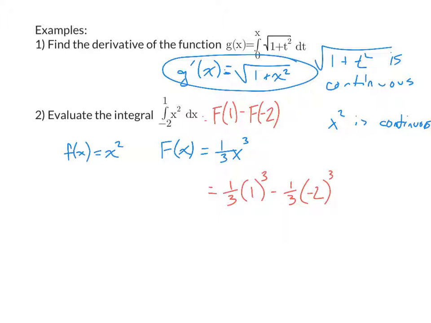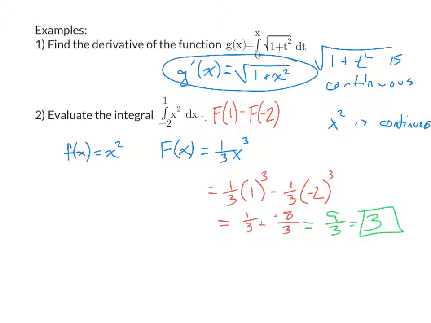Well, 1 to the third is 1 times 1/3 is 1/3, minus -2 to the third is -8 times 1/3, which is -8/3. Our minus and negative become a plus. So 1/3 plus 8/3 gives us 9/3, which results in 3.